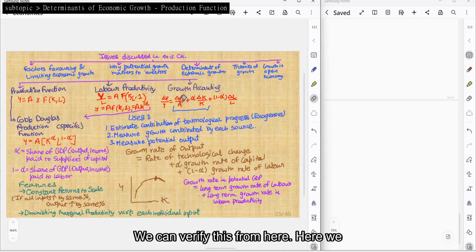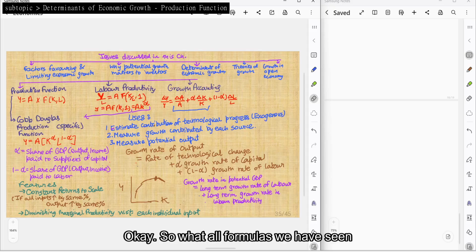We can verify this from here. If we were expressing labor productivity, it equals A into K to the power alpha. So this was the Cobb-Douglas prediction for labor productivity. On expressing it in similar percentage terms, it becomes something like this.